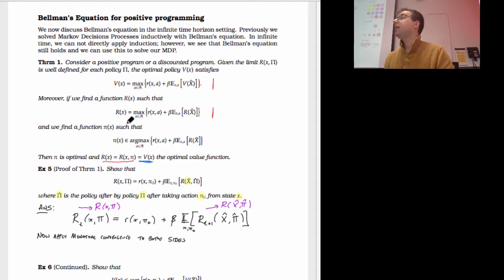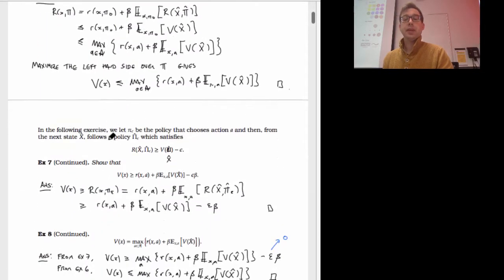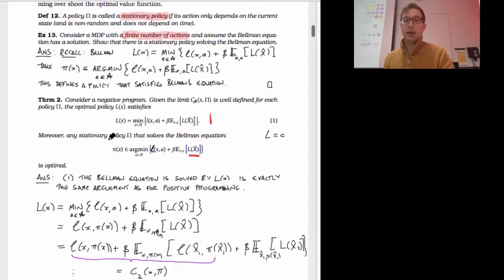So now what I do is I take that function R and just check that it satisfies Bellman's equation. So let's just check it.